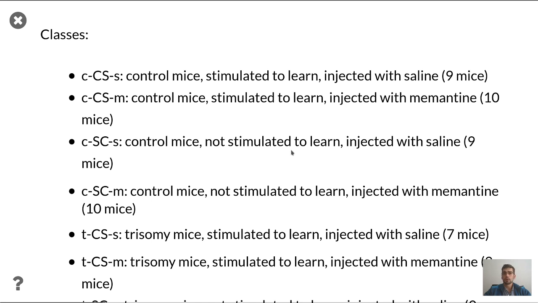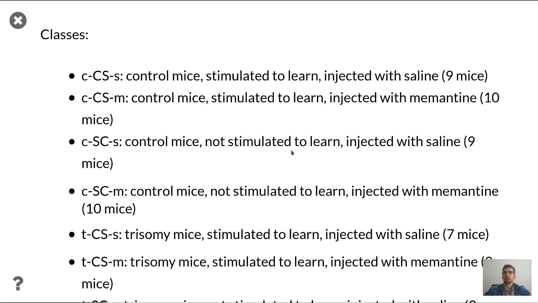And this is one way to describe the targets. Also, within this experiment, some mice were stimulated to learn somehow. Some weren't. This is the second label. This is the second way to define groups, define classes.